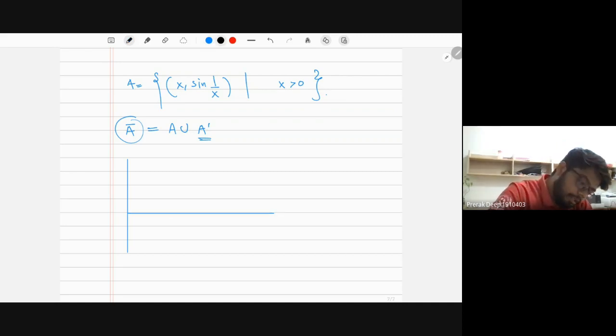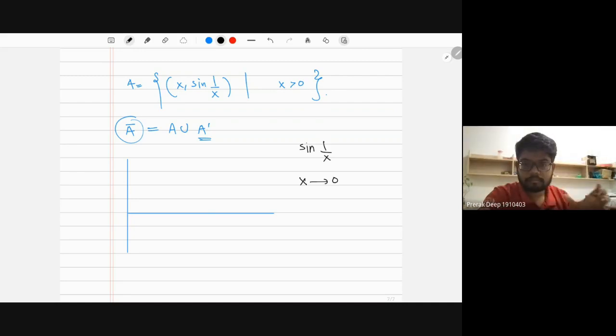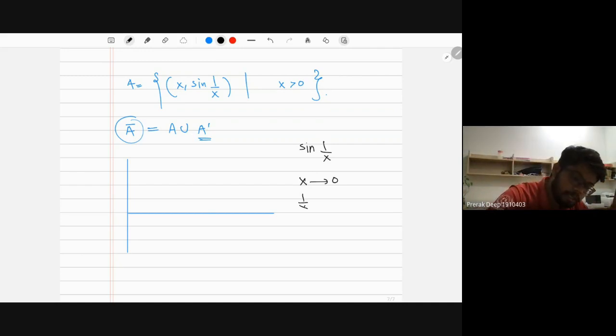So you understand the function sin(1/x). When x is tending towards 0, 1/x tends to infinity.